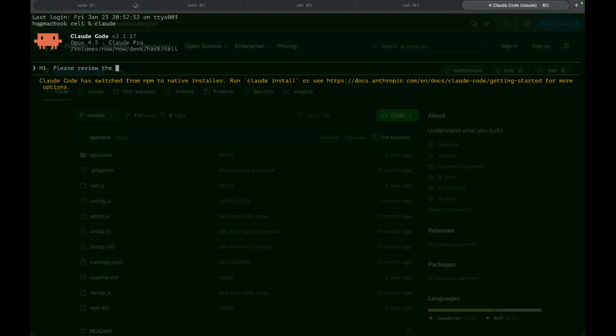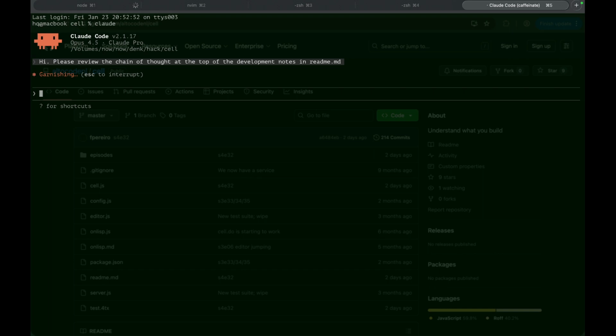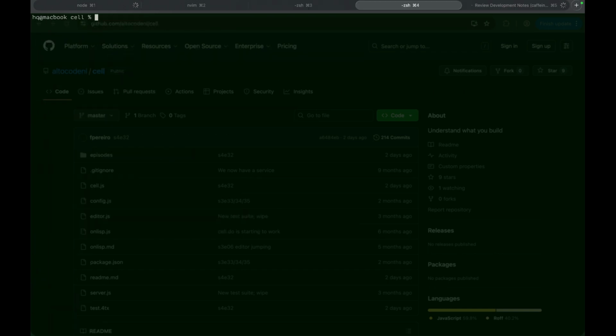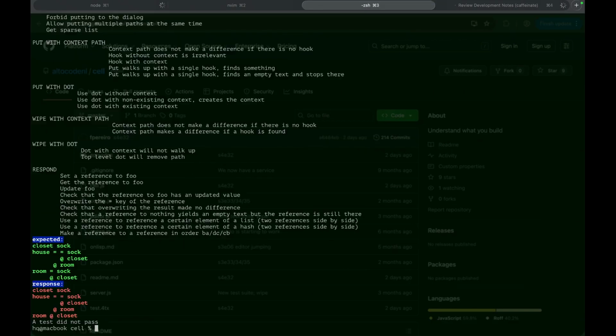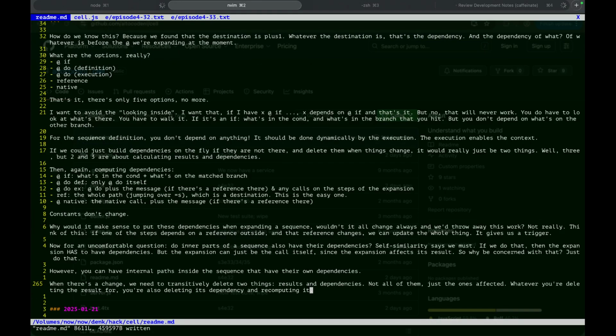Let's review the chain of thought at the development nodes in README. Nice.